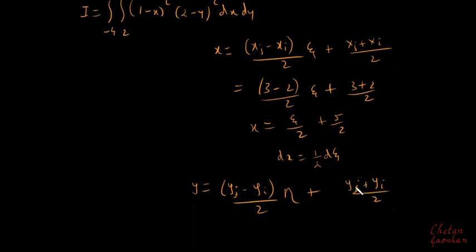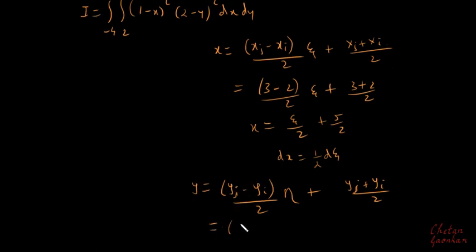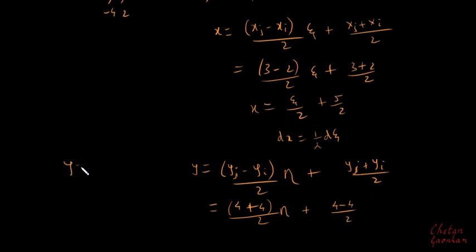Here yj is 4 and yi is minus 4. So this will be 4, then minus of minus will be plus, 4 by 2 times eta, plus (4 minus 4) by 2. So y will be 4 times eta. Therefore dy will be 4 times d eta.